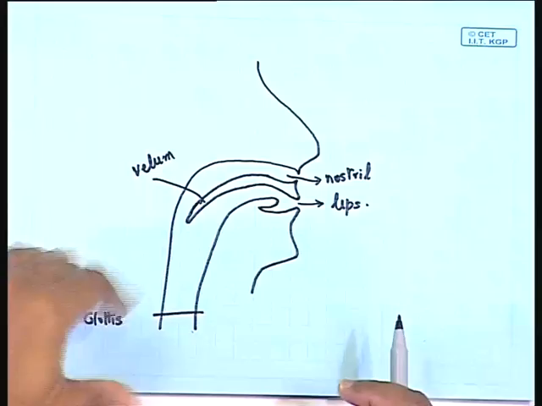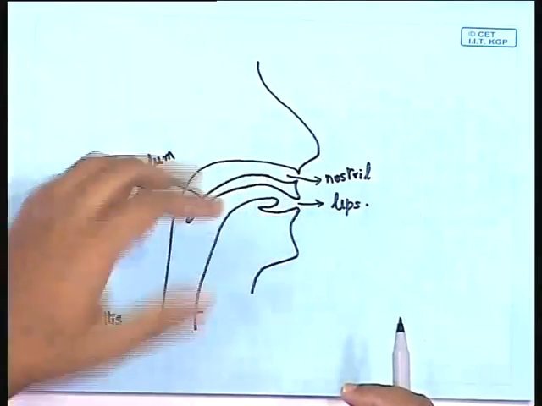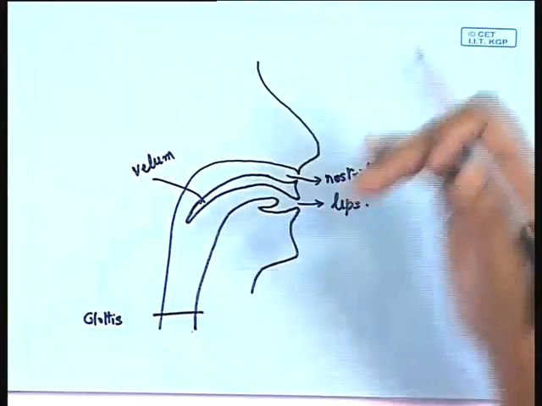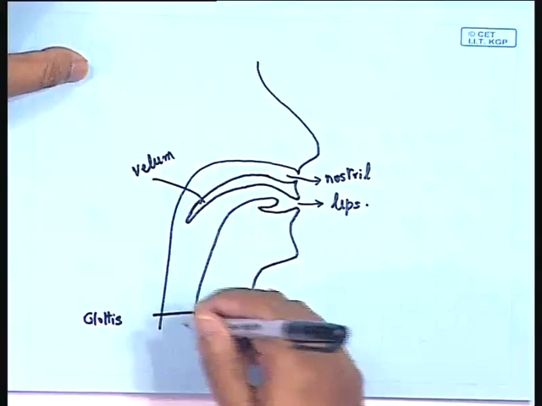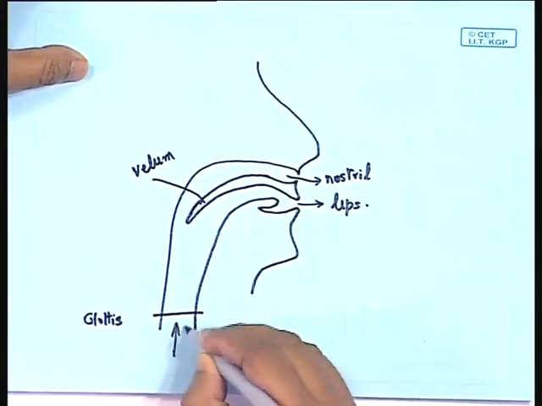Either we can produce the sound through our lips, we can radiate it outside through the lips, or otherwise we can make an opening through the nostril passage, so that we can produce some nasal sounds, because there are different kind of sounds which we need to produce depending upon what phoneme we are uttering. So, essentially what happens is that the whole thing is controlled by the flow of the air.